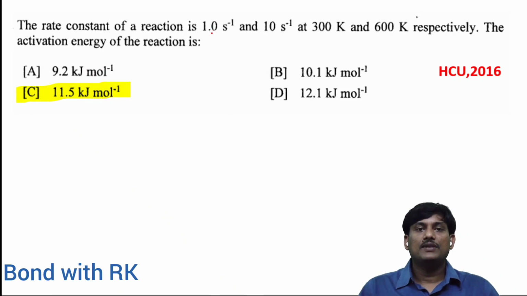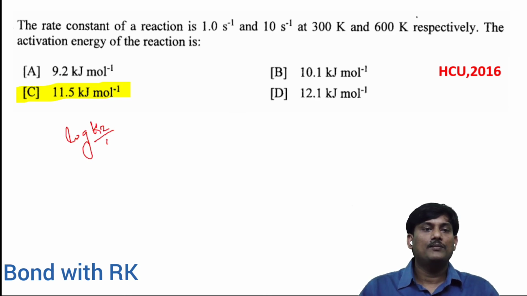The rate constant of a reaction is 1 and 10 at 300 and 600 Kelvin respectively. The activation energy of the reaction is... Here we have to use the same equation: log K2 by K1 is equal to Ea by 2.303 R into (1 by T1 minus 1 by T2).